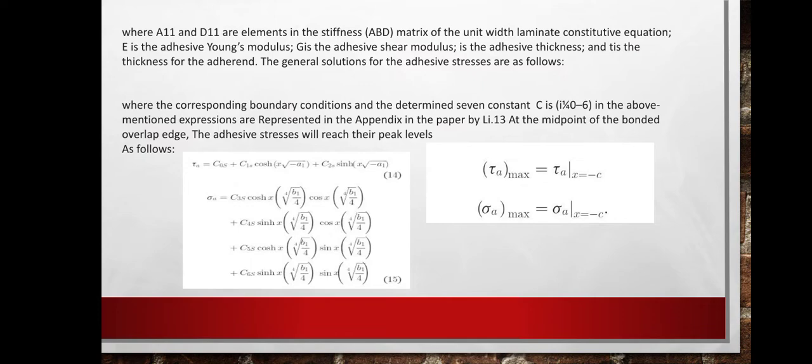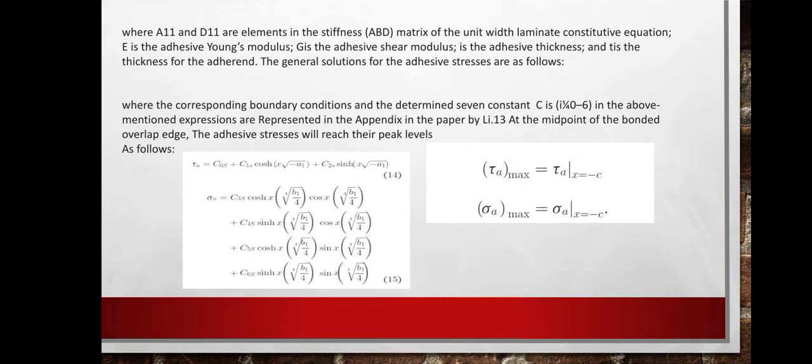Adhesive shear modulus is the adhesive thickness, and T is the thickness of adherent. The general solution for adhesive stresses are given below. Tau is equal to c0 plus c1 cosh(x) into x root over minus 1 plus c2 sinh(x) into x root over minus a1.